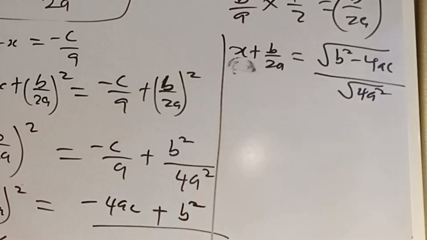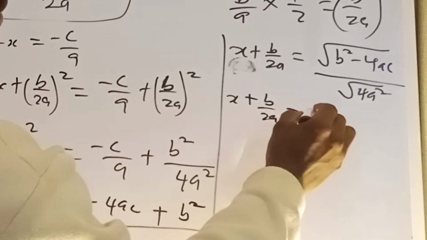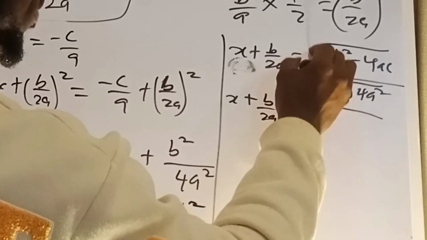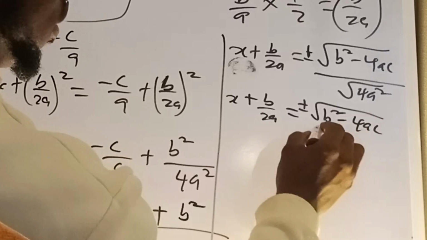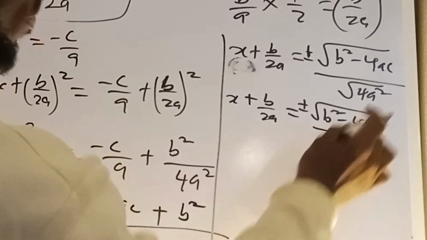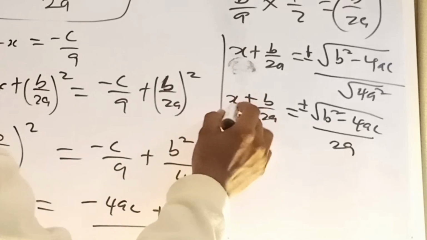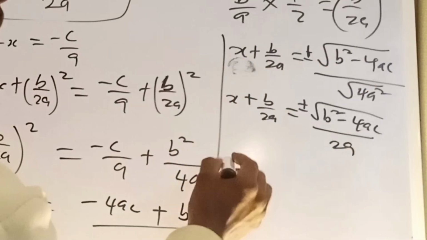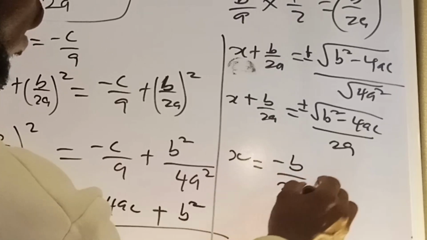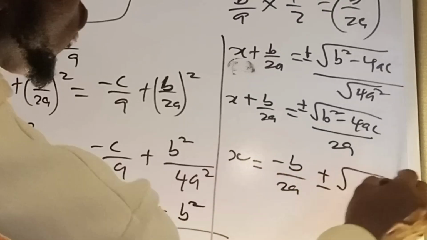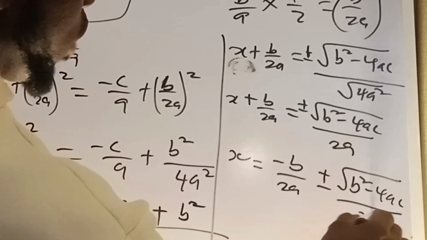All right, so you have x plus b over 2a is equals to plus or minus square root of b squared minus 4ac over 2a, because square root of 4 is 2, square root of a squared is a. We take this to the other side, so you have x equals to minus b over 2a plus or minus square root of b squared minus 4ac over 2a.